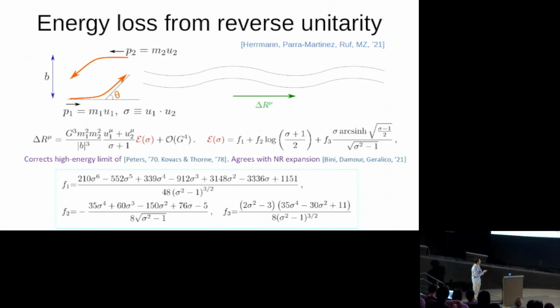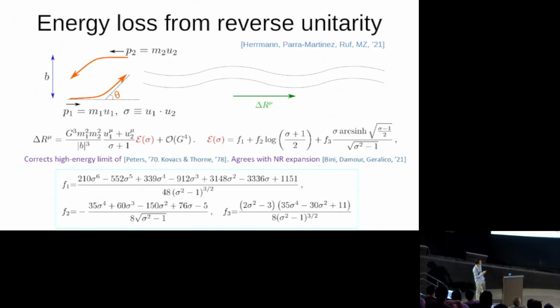So people looked at this back in the 70s, and essentially they had the integrand, which is fine for the actual waveform, but this seemingly innocent additional step of performing the phase-space integral to get the total energy was a little bit of trouble for them, and actually they got the wrong numerics.